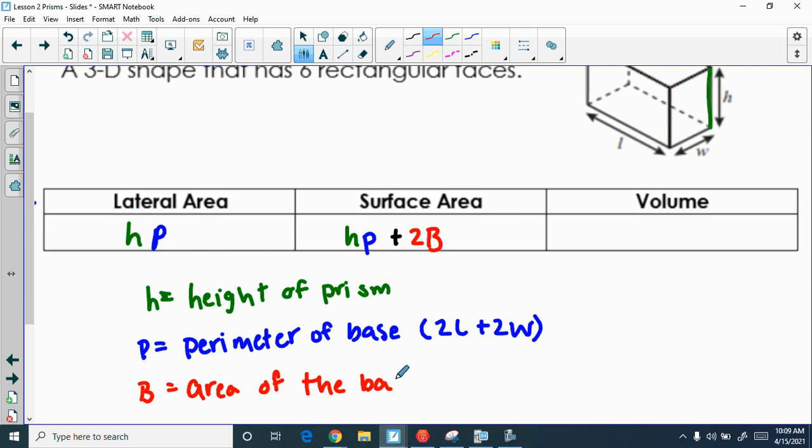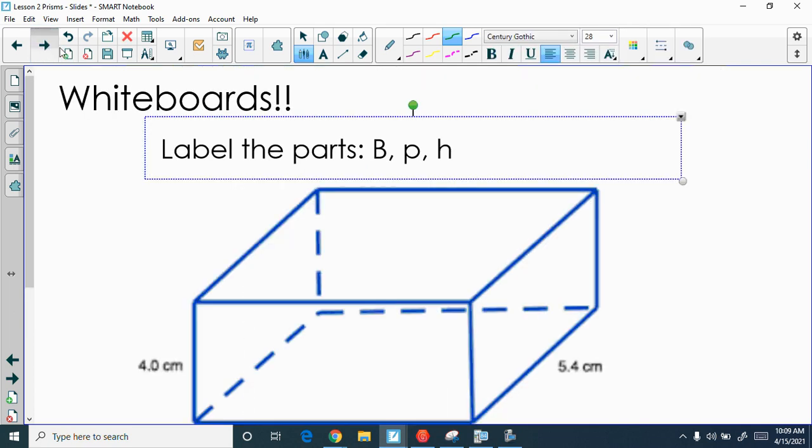And in this case, because it's a rectangle, it's going to be length times width. Our last thing there is volume, and volume is going to be big B, which is the area of the base, times the height of the prism. Okay? So let's take a look at our first example.